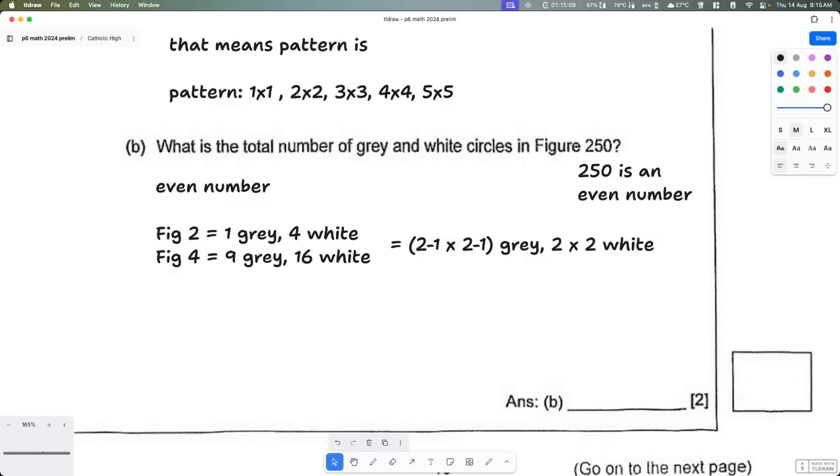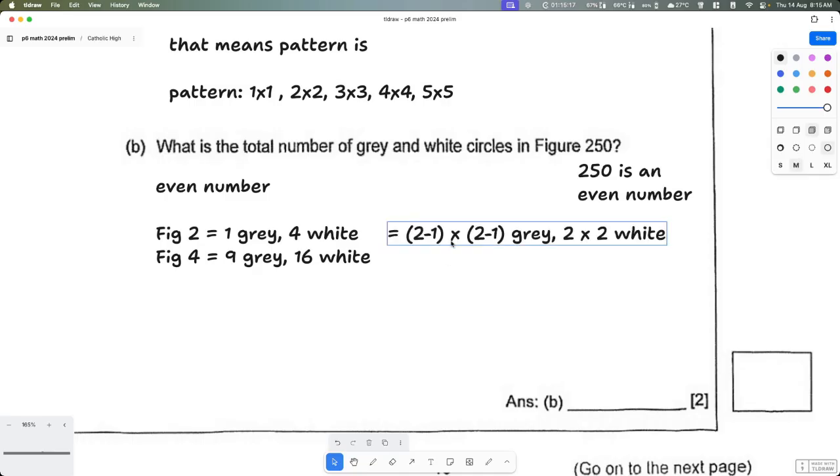So this one is 2 minus 1, 2 minus 1. It is the same as figure 4. So figure 4 is 4 minus 1 gray, and then 4 times 4.